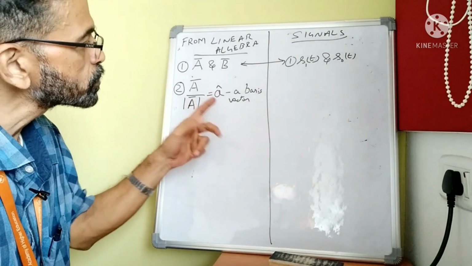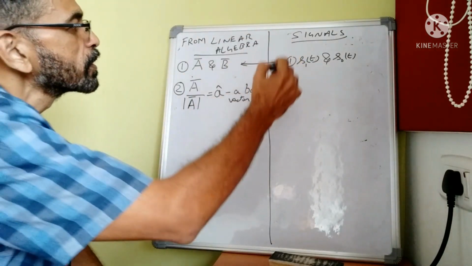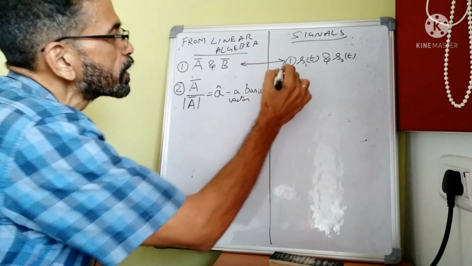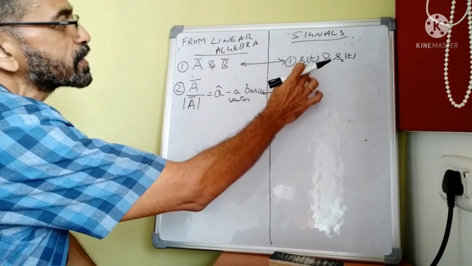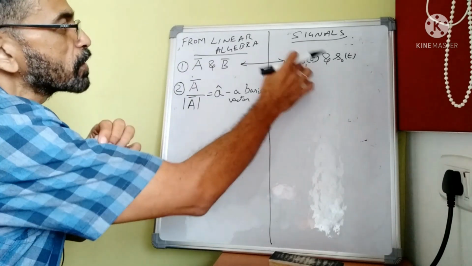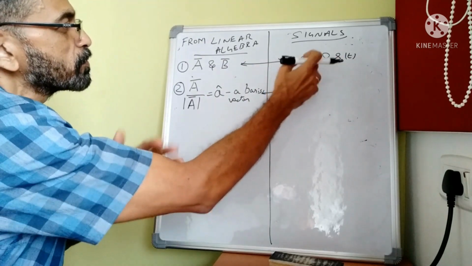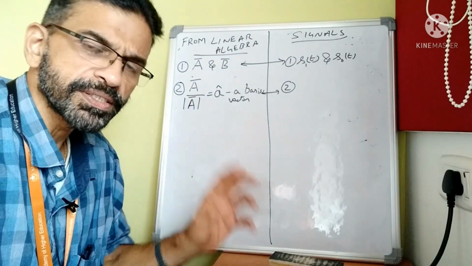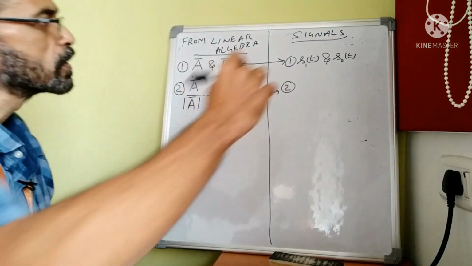So this can be used as a basis vector, and the corresponding step here is that we have mapped this as vector A, this is vector B. We have the two signals here, and we are familiar now with the fact that signals can be visualized as vectors.